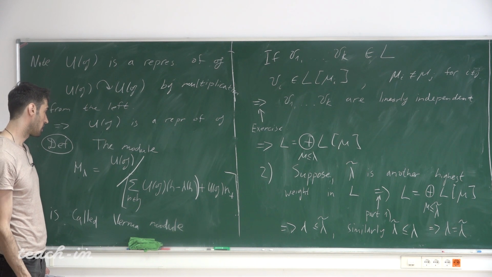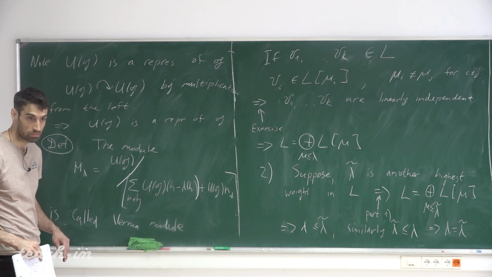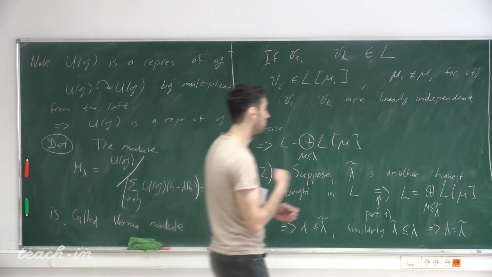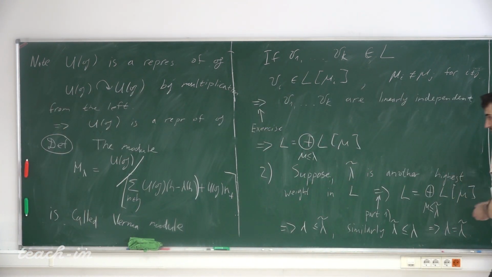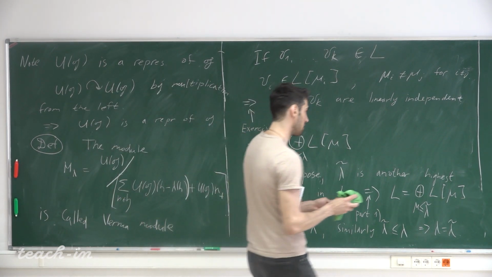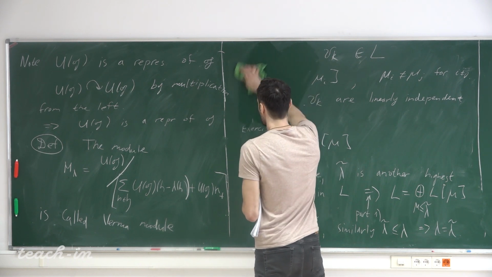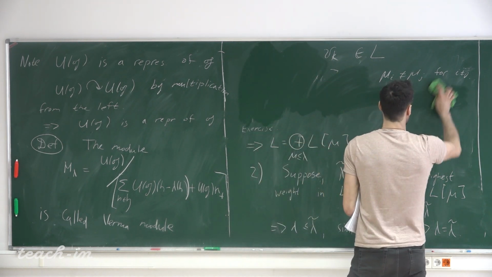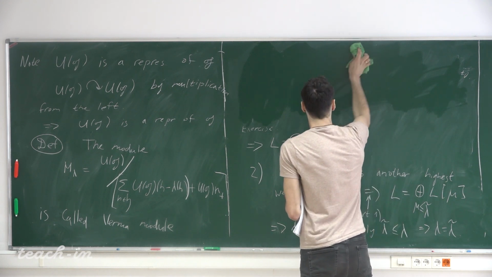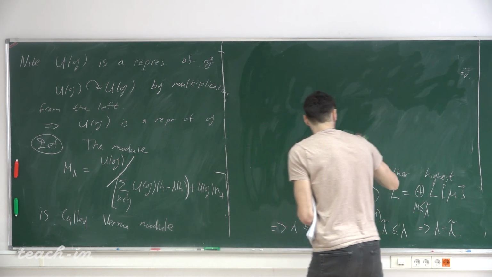So this is the highest weight module. Why? First let us notice that it is a highest weight module, and then we'll see a simple example on SL2, just to refresh what was going on last time.